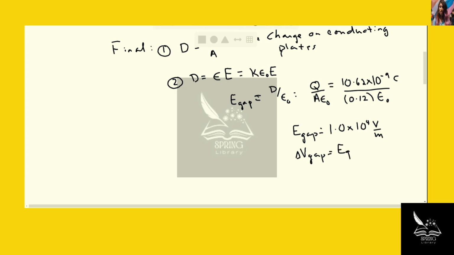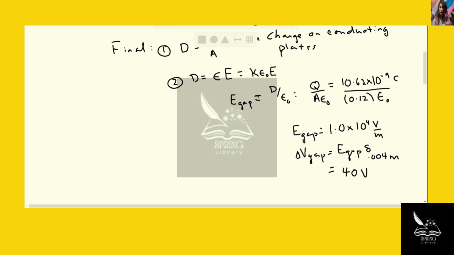Remember, potential difference is the electric field times the spacing between the plates. In this case, we're calling that little delta. Delta is 4 millimeters. So the potential difference in the gap is 40 volts.